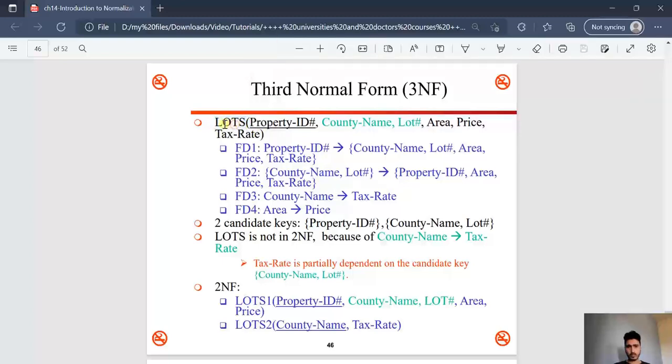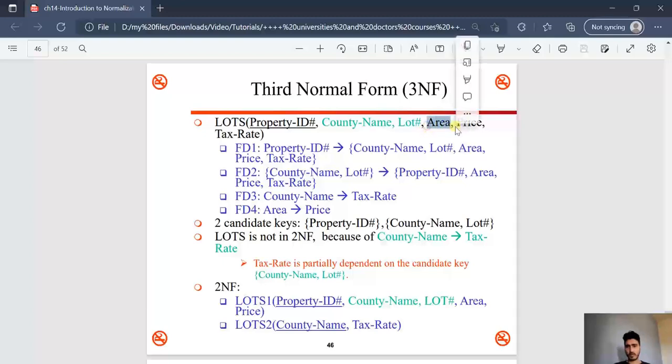Now, to know whether lots is in 2NF, 2NF tells us that every non-prime attribute should depend fully on the primary key or any candidate key. First of all, we need to define where the non-prime attributes are.